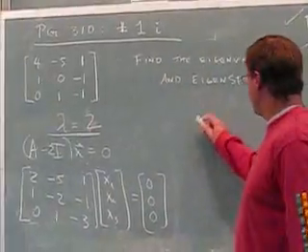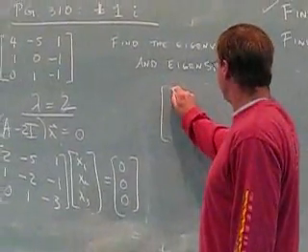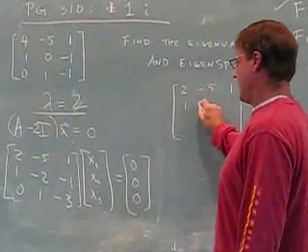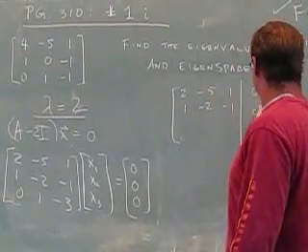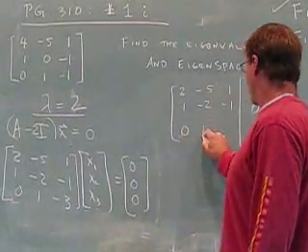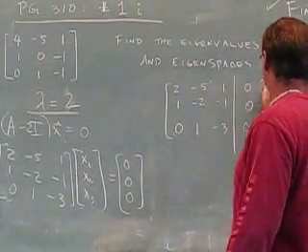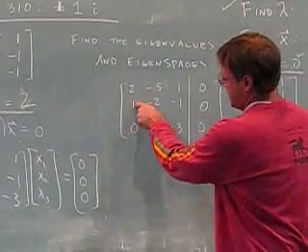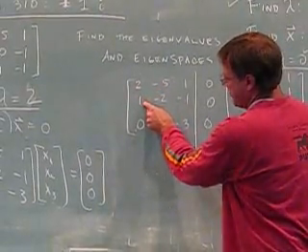Okay, my augmented matrix is 2, negative 5, 1, 0, 1, negative 2, negative 1, 0, 0, 1, negative 3, 0. First thing I'm going to do is make a 0 here. I'm going to multiply by negative 2 and add it.